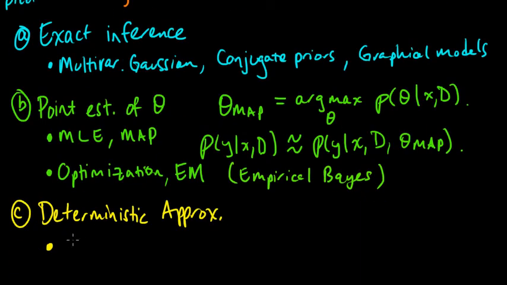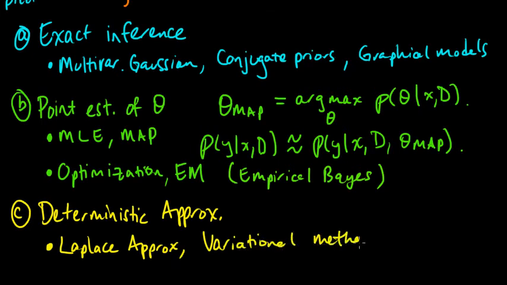Examples of this would be the Laplace approximation. Another example is variational methods. And yet another is called expectation propagation.